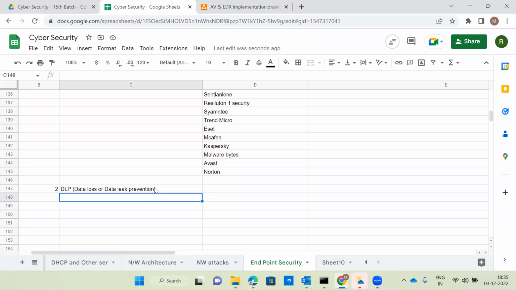To mitigate those types of data breaches, data exfiltration or data leaking, we will use data loss or data leak prevention. Okay, here we can discuss one by one.